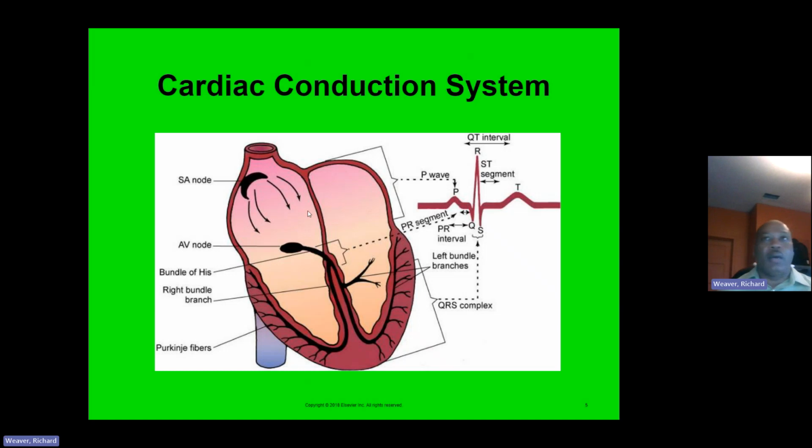All right. Now, one thing I want to also make sure you guys know is that our initial discussion will be about those rhythms that originate from the atria or upstairs, right? And then as we get further into this discussion, we'll talk about those downstairs or ventricular issues.